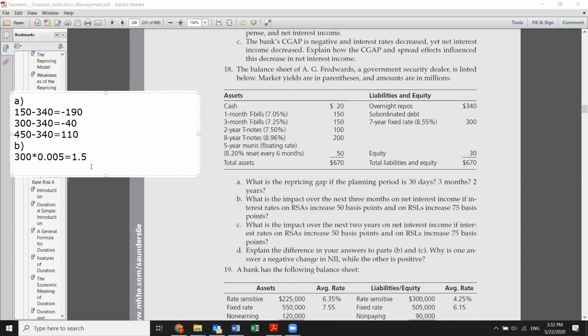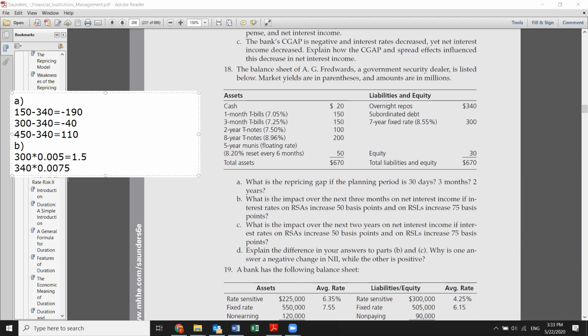This is interest income, and interest expense is 340 times 0.0075, because over three months the interest rate increases by 75 basis points.